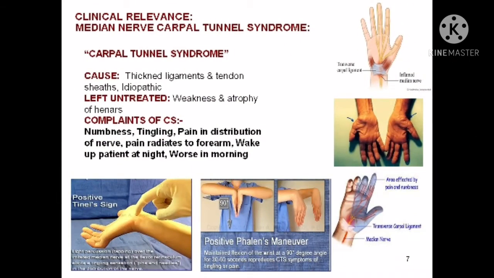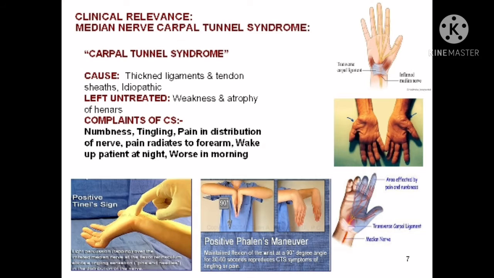The clinical relevance of the median nerve. Carpal tunnel syndrome. The cause may be thickened ligaments and tendon sheaths, or may be idiopathic. Idiopathic means unknown cause. If the condition is left untreated, it may lead to weakness and atrophy of the thenar muscles as shown in the diagram on the right side.